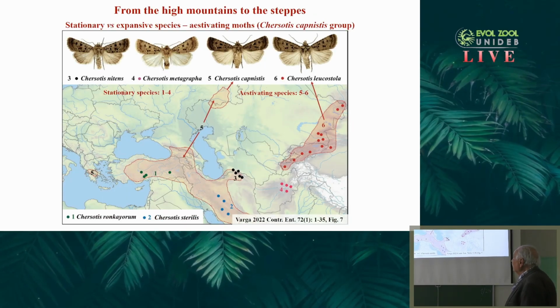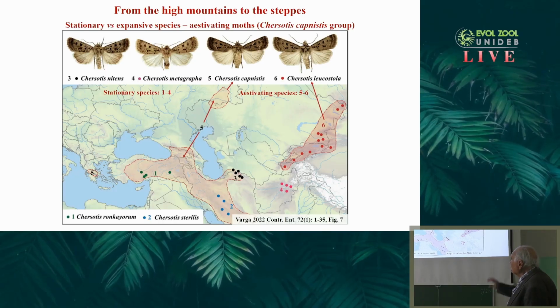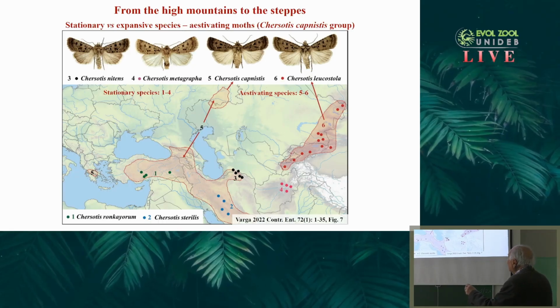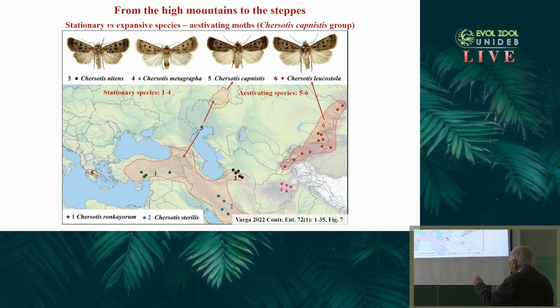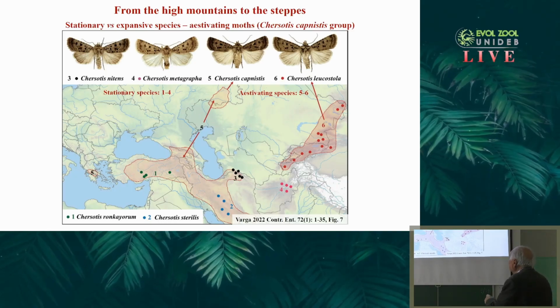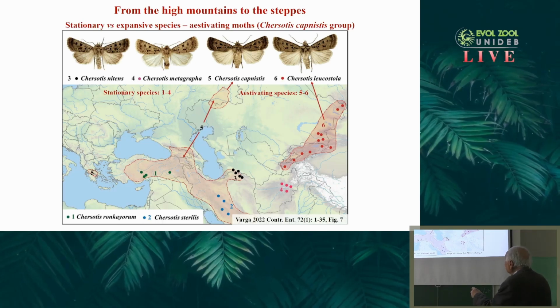Here, one of the target groups. This target group is most interesting because there are 4 species which are represented only in very, very limited small areas. For example, here this is the Hindu Kush Mountains. And there are more widely distributed species.